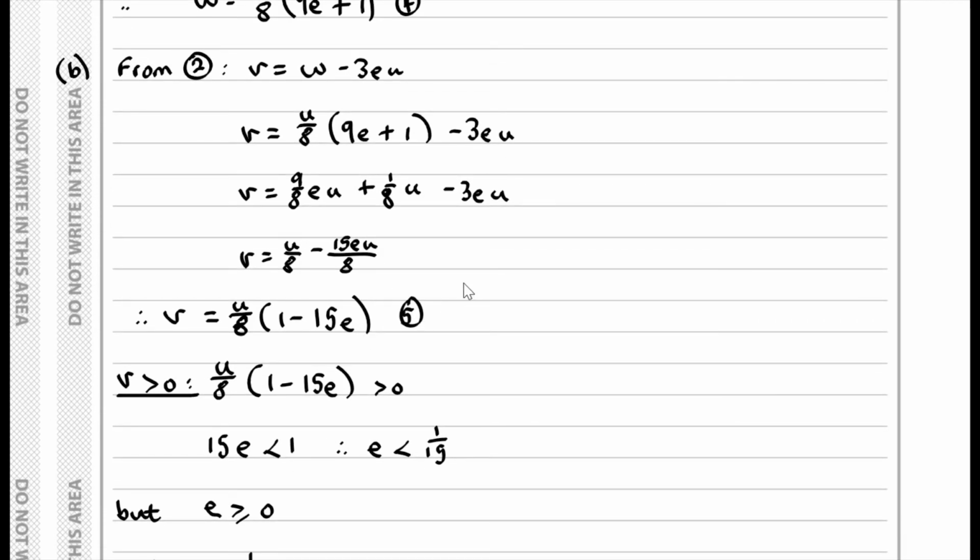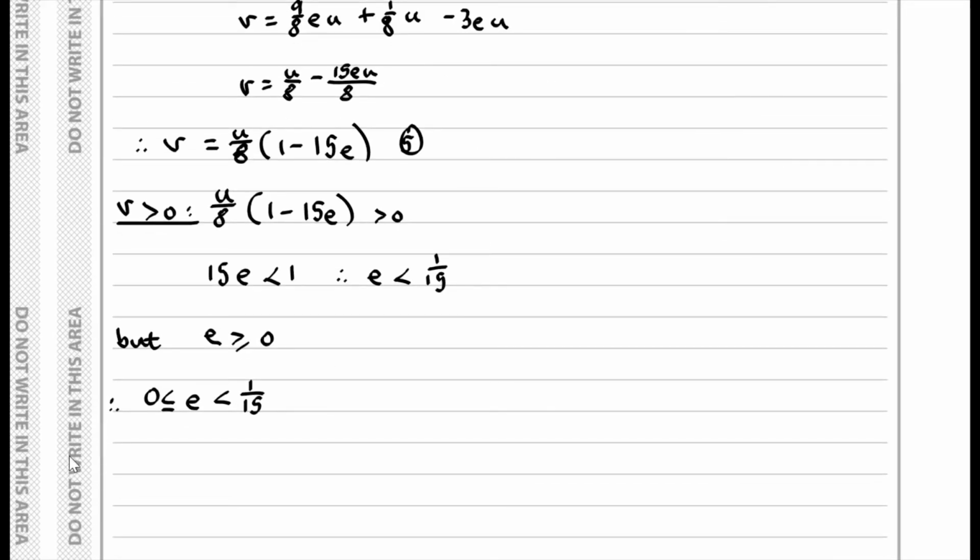Given that E is equal to 1 over 18, we can use this to find out what V is. So V is equal to U over 8 lots of 1 minus 15 times 1 over 18, so V is equal to U over 48.